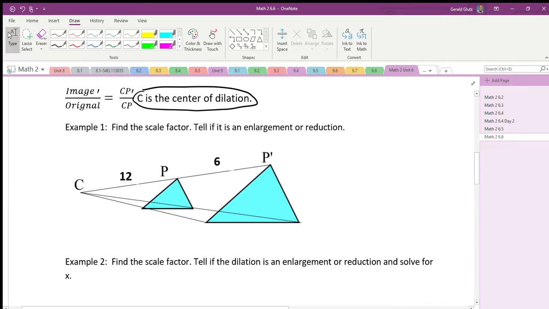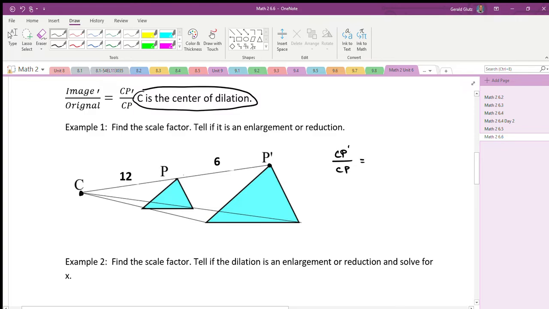In example 1, we have to find the scale factor using this as our center of dilation. P prime is our image, our new dilated shape, and P is the point from the original, the pre-image. Remember, the scale factor is equal to CP prime divided by CP.